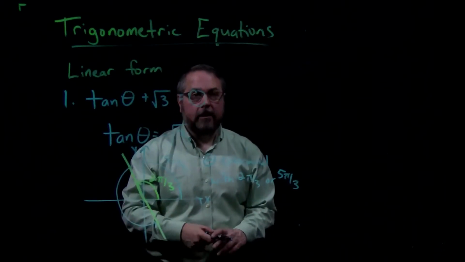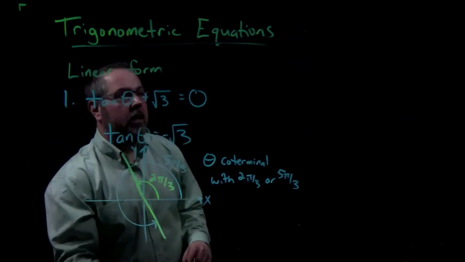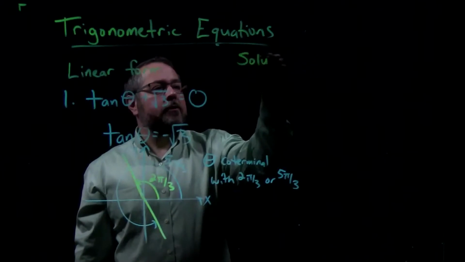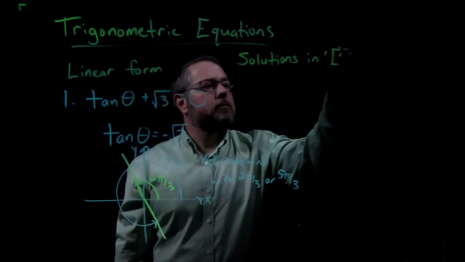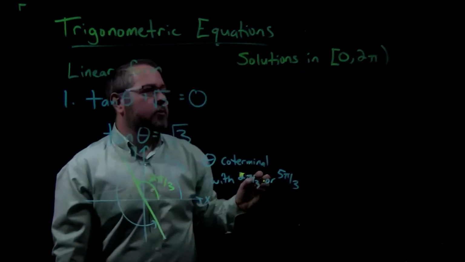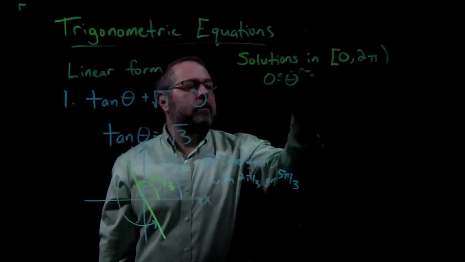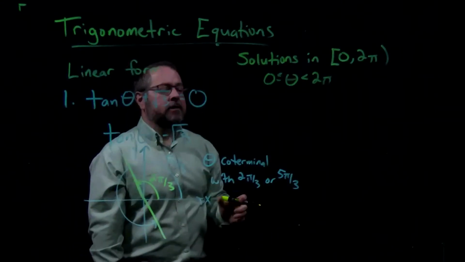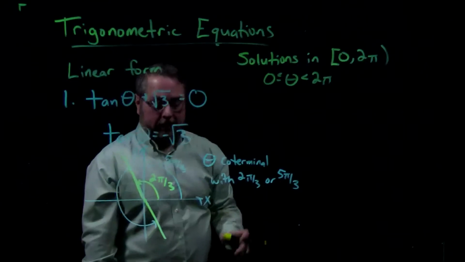Now, as I said, there are two different ways that we can look for solutions. The first would be to find the solutions in an interval. And usually the interval we use is from 0 to 2 pi. That is to say, all the angles greater than or equal to 0 and less than 2 pi that satisfy the equation.